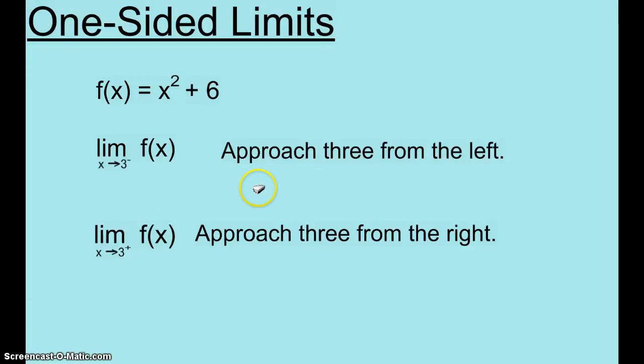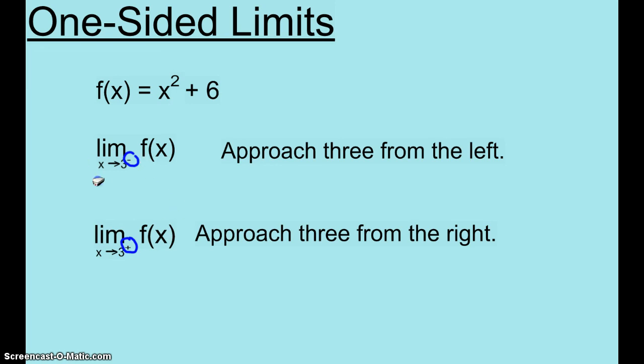Alright. Limits can also be one-sided. If you're going to approach 3 from the left, as you write the limit down, you're going to write x approaching 3 with a little minus sign up there. And if you're approaching from the right, you can write a little plus sign right where that 3 is.